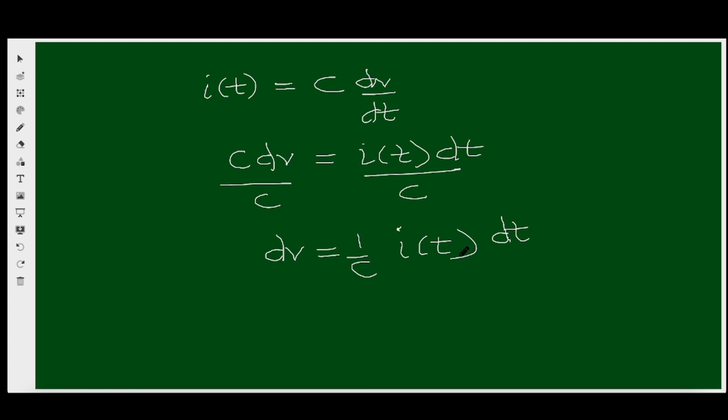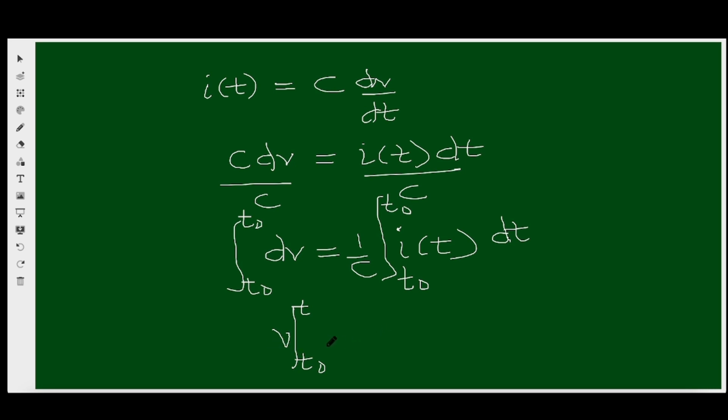So what does that mean? If we integrate between times t naught and t, where t naught is the time at the beginning of our sampling, what do we have? When we integrate dv, we have v, and we put our boundaries t naught to t.